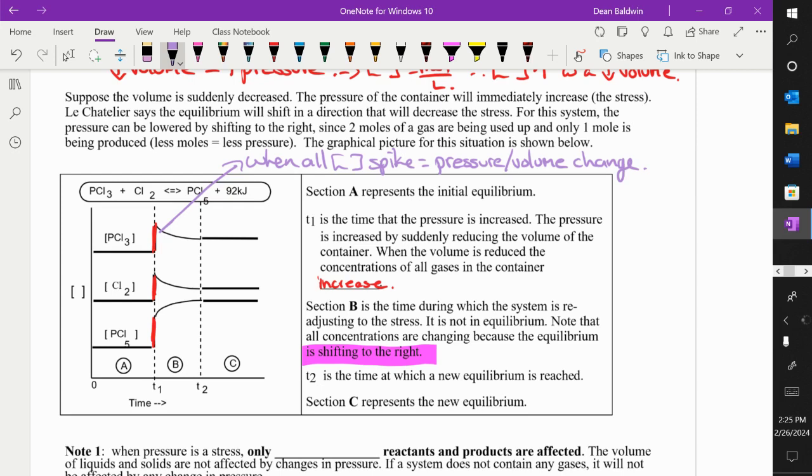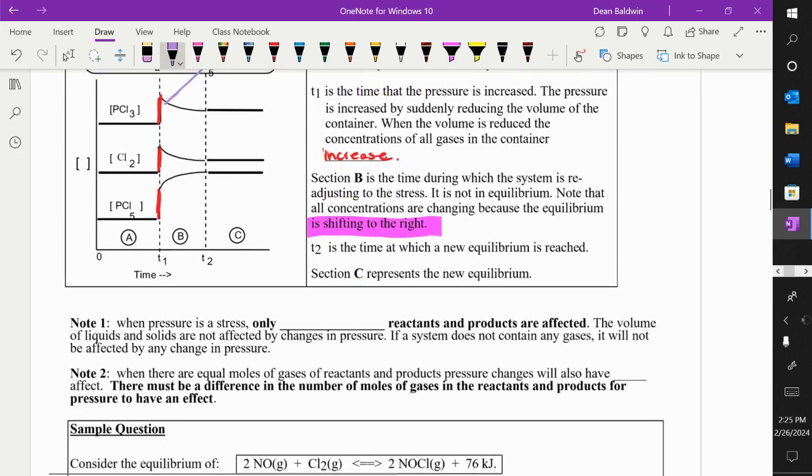When you do pressure changes, though, only gases are affected. When pressure is a stress, only gaseous reactants and products are affected. Volumes of liquids and solids are not.